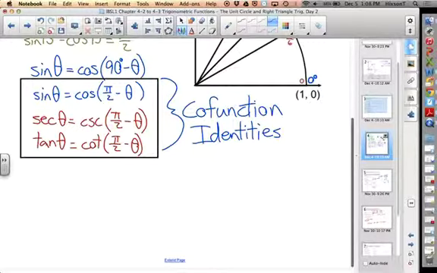As long as you're in the right mode, make sure you know what mode you're in on your calculator, whether it's radians or degrees. If you're in degrees, you're not going to use pi. You're going to use the 180. If you're in radians, you'll punch in pi.